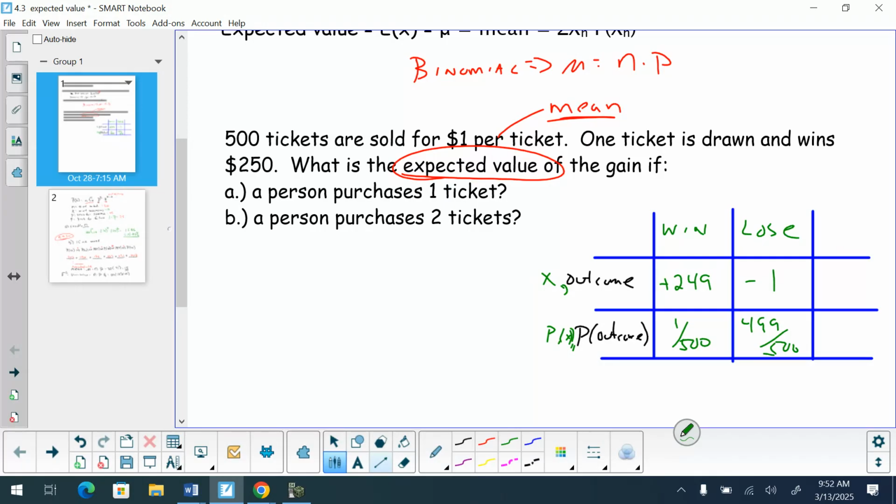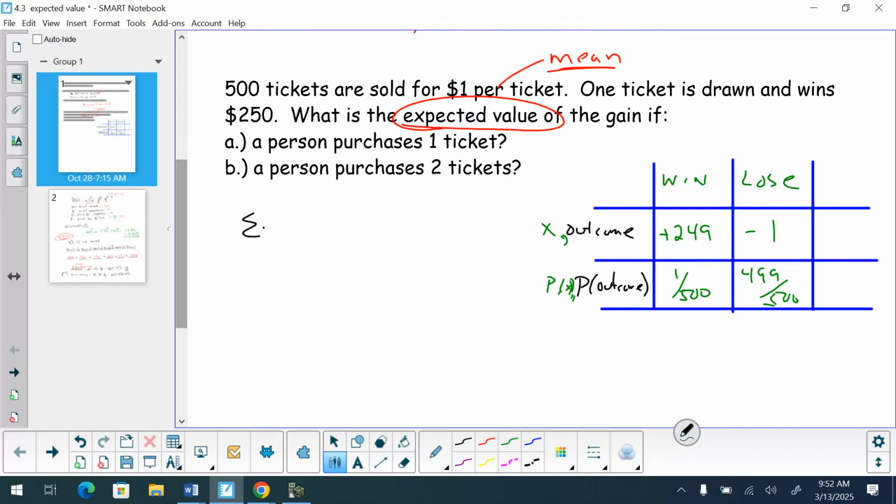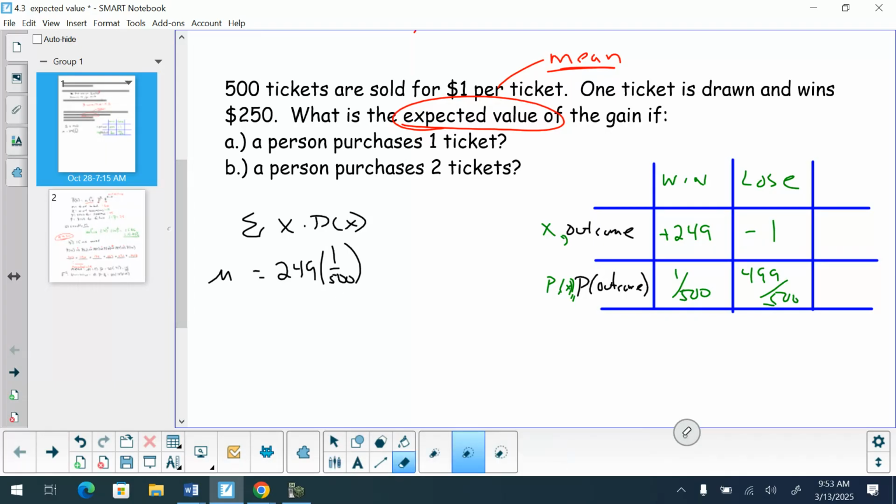Well, what we want to deal with here is an expected value, which is a theoretical mean. So we could take the sum of x times p of x. So we have the outcome 249 times 1 out of 500. That is outcome times its probability.